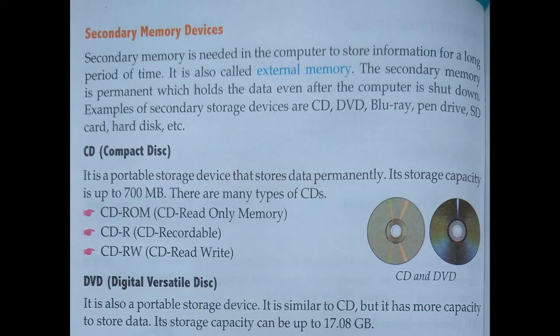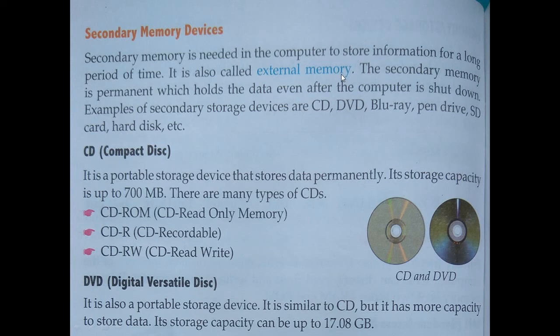Now we will learn secondary memory devices. What are secondary memory devices? Secondary memory is needed in a computer to store information for a long period of time. It is also called external memory. So another name of secondary memory is external memory.